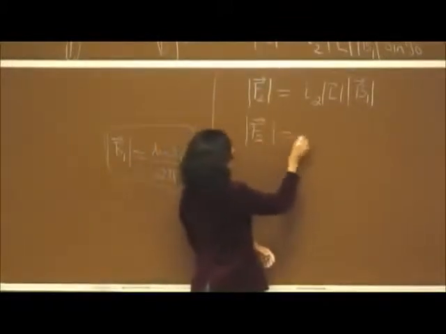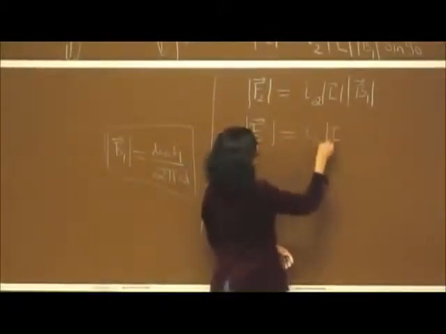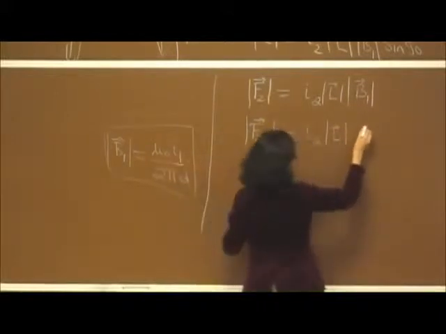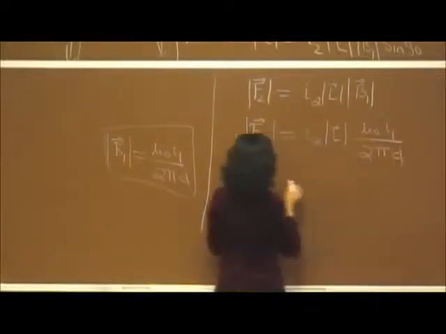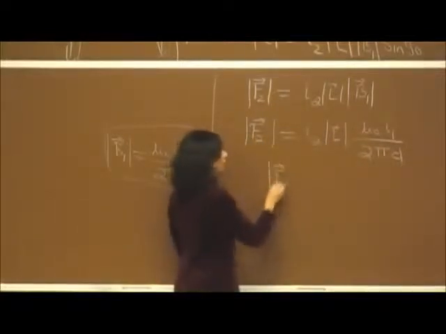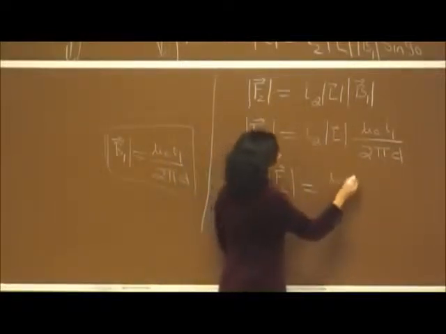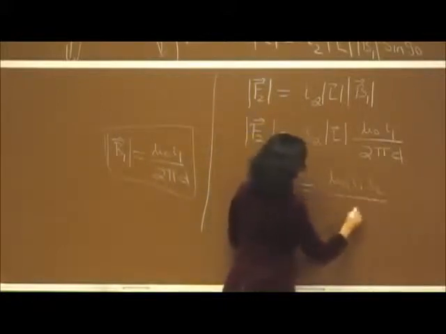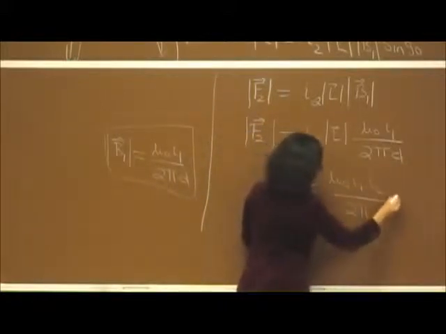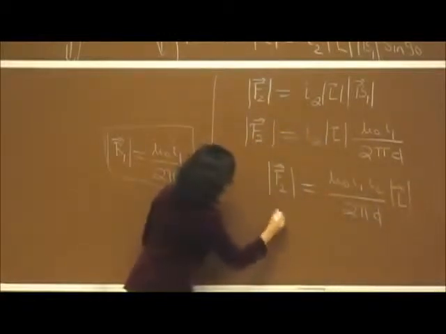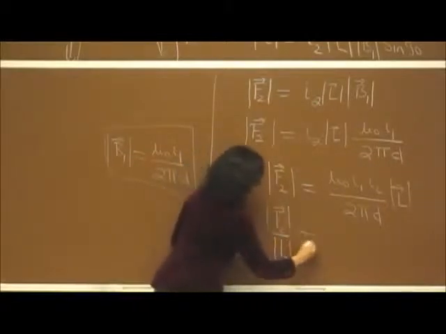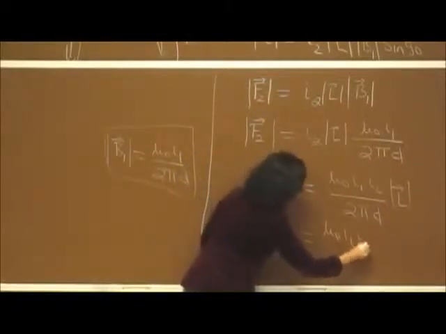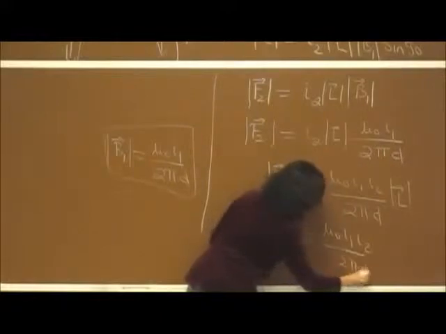Then the force will be I2 times the magnitude of length times B1, which is mu 0 I1 divided by 2 pi d. And so you can see that F2 is mu 0 times I1 times I2 divided by 2 pi d times L. If you wanted to find the force per unit length, that will be mu 0 I1 I2 divided by 2 pi d.